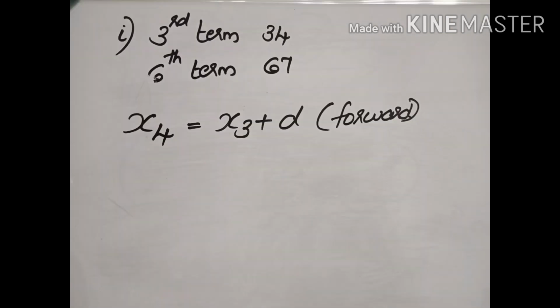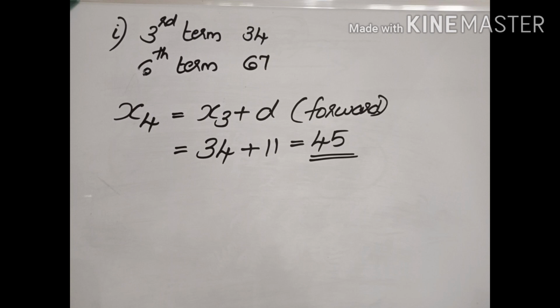So fourth term, to get the fourth term we know third term. So from the third term to get the fourth term means we have to add the common difference because it is moving forward. So x3 plus d, that is equal to 34 plus 11. Answer will be 45. So fourth term is 45.